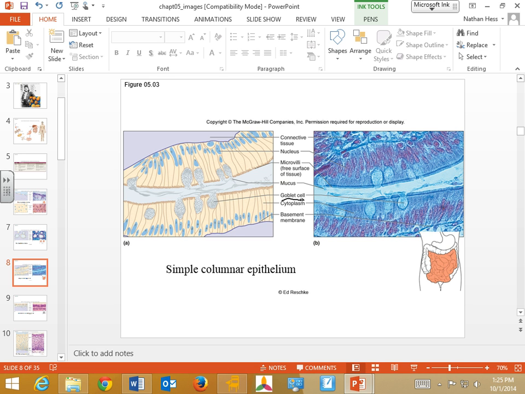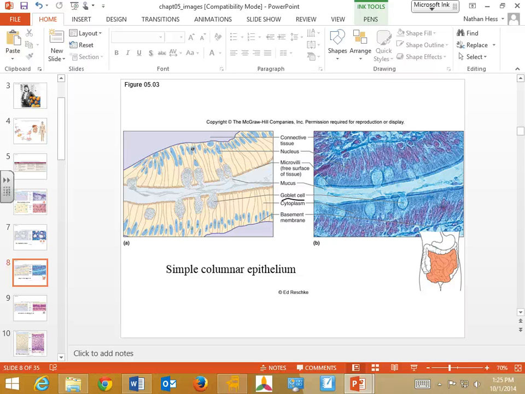The first is this goblet cell. A goblet cell. Goblet like a wine glass goblet, right? The goblet cells hold mucus. They're actually what produce the mucus. And mucus, we tend to think of a nasty, snotty nose when you have a cold. But mucus is all throughout your body doing lots of different things. We just tend to call mucus the stuff that comes out of our nose.